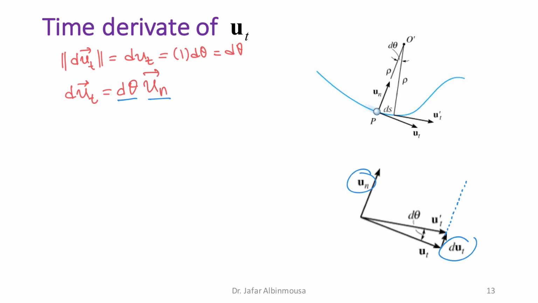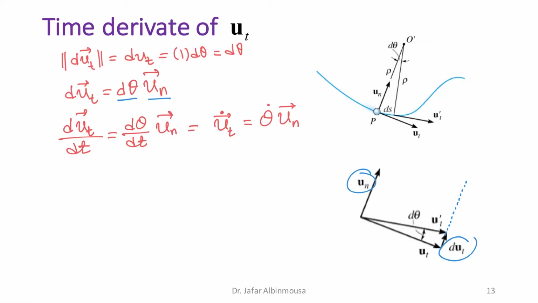Now, clearly, if I take the time derivative of this, I will have du_t over dt, which is equal to d theta over dt multiplied by u_n, which gives me u_t dot, a vector, equal to theta dot u_n.